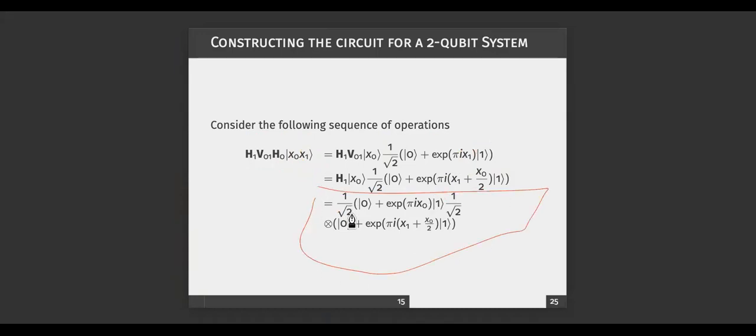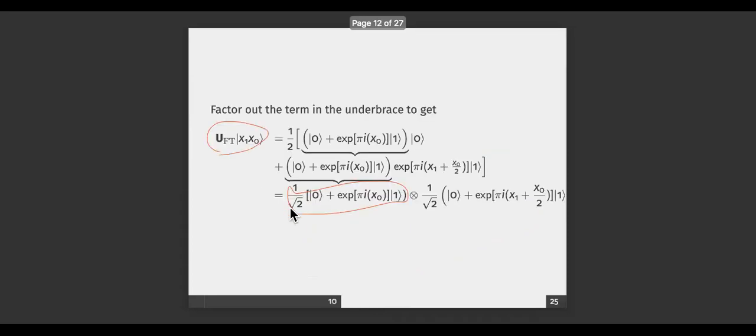Now what we'll do is we'll try to compare this one with the Fourier transform, which is in the previous page. This one here.